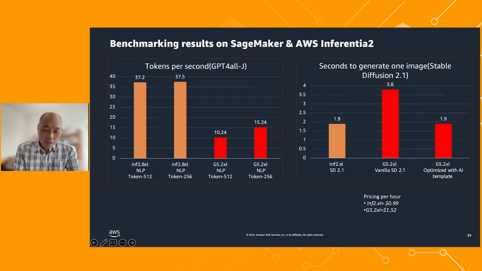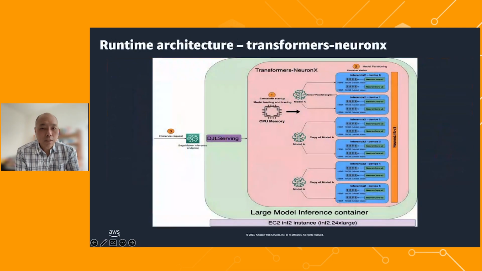Now I'm going to talk about something very unique and specific to the runtime architecture: how do you actually support large language model inferencing, and how do you make it work within the SageMaker ecosystem?